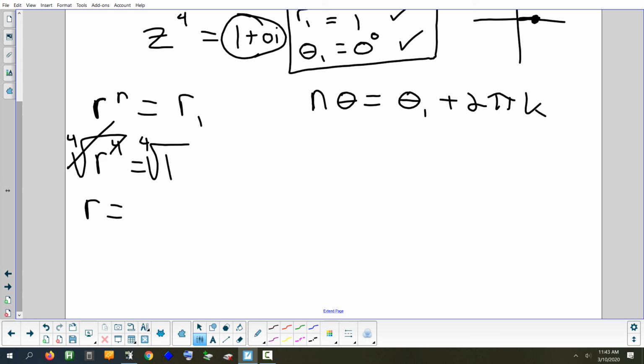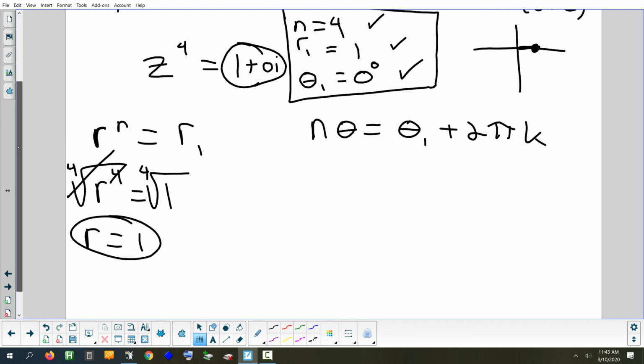R equals, what's the fourth root of 1? Yeah, 1. We're not worried about imaginary answers or anything like that here because this is a radius, it's a distance. So it has to be positive and it has to be a real number.